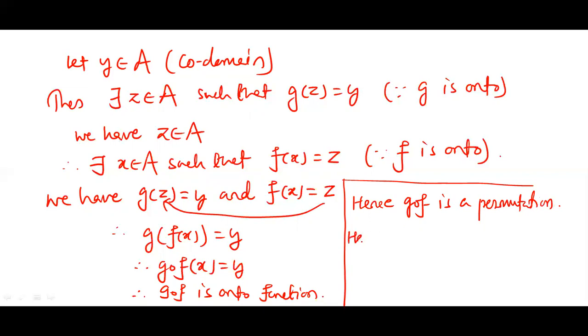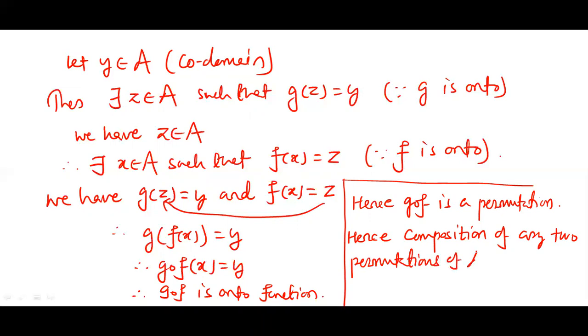And hence, the composition of any two permutations of A is again a permutation of A. Okay.